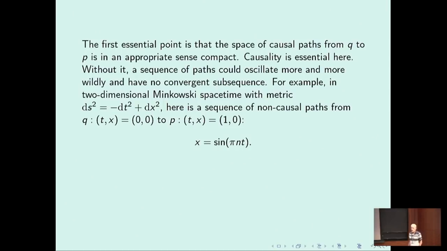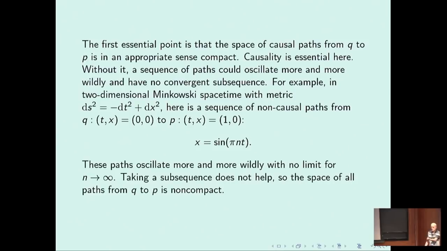Let x be sin(πnt), where t goes from 0 to 1. Then x oscillates wildly while t is going from 0 to 1. So this is a wildly oscillating sequence of paths with no convergent subsequence. So the space of paths in Minkowski space between 2 points with no causality condition would be hopelessly non-compact.